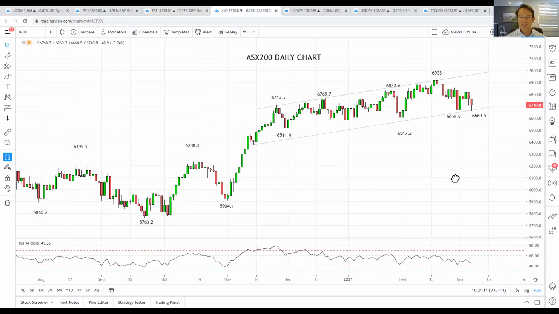The local market, the ASX 200, not a lot has changed here in the grand scheme of things, but what I do like is that we're trading in an upward sloping trend channel, much like the S&P 500, which probably isn't a surprise. But the key takeaway here is that the ASX 200 really hasn't seen the sell-off that the high-tech US indices have seen.